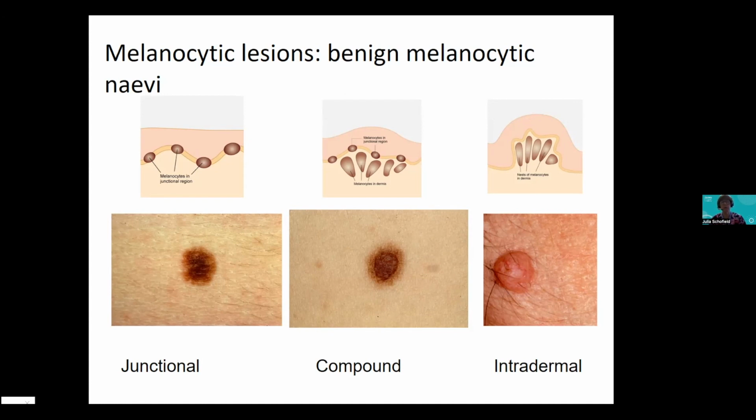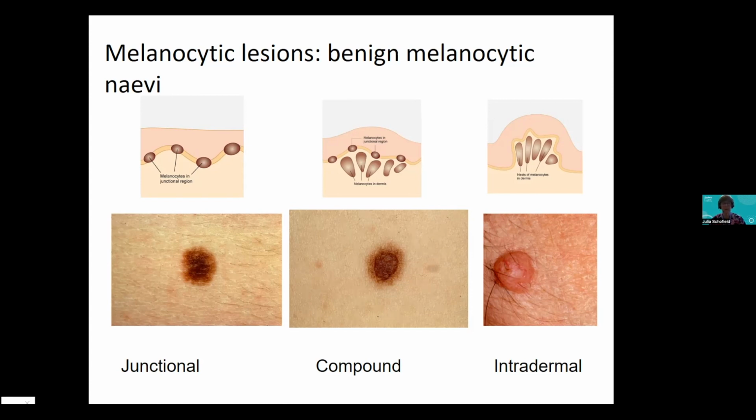So the point of showing you this slide is to show you that if I see a patient in the clinic and they say, this lesion has changed, it used to be dark and now it's pale, I'll be asking them over what period of time has it changed, because you can actually have evolution of benign lesions.